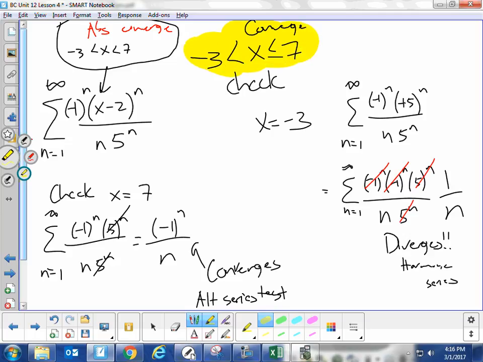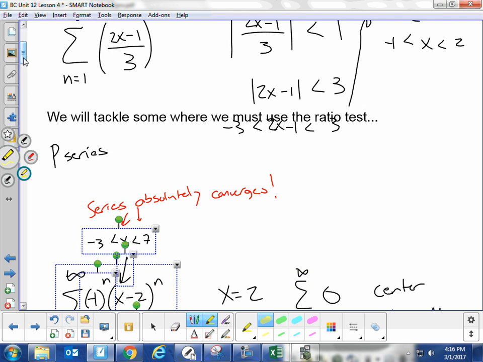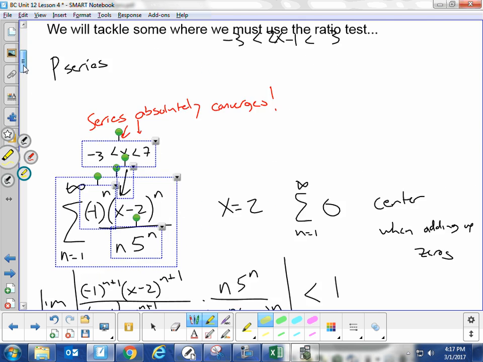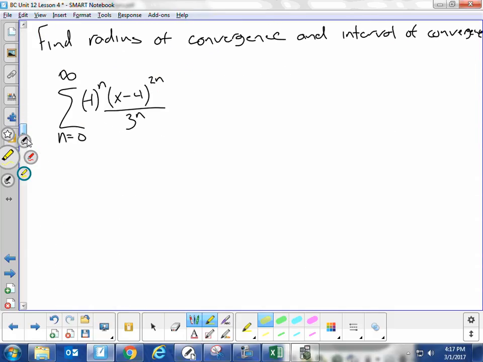And that would be my interval of convergence for this series. It's very intense, this process. It involves a lot of practice that is needed, and we are approaching it just like the geometric series problem, just like the P-series problem, but it's a lot more to do it. A lot more to do.